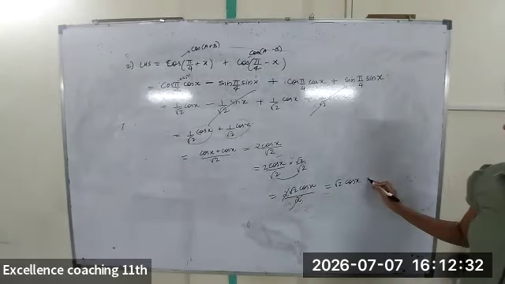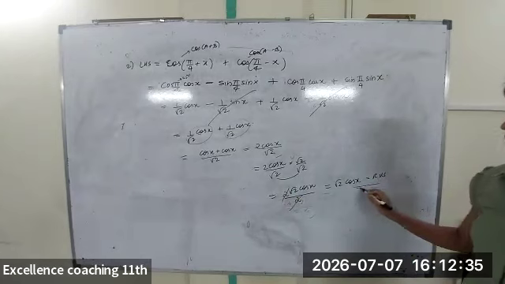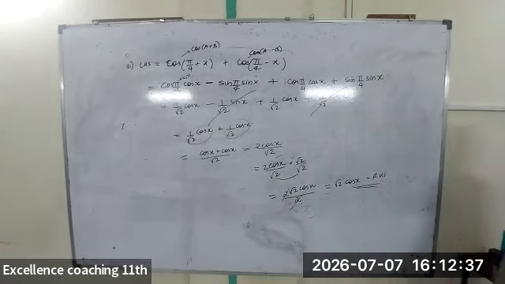Try. Rationalize. Cos plus cos is 2 cos x, but that is not the answer which is asked in the question. If you see the question, there is no root in the denominator. So rationalize. Multiply numerator and denominator with root 2 and solve.